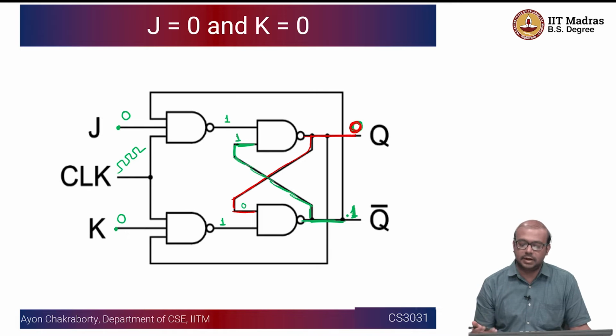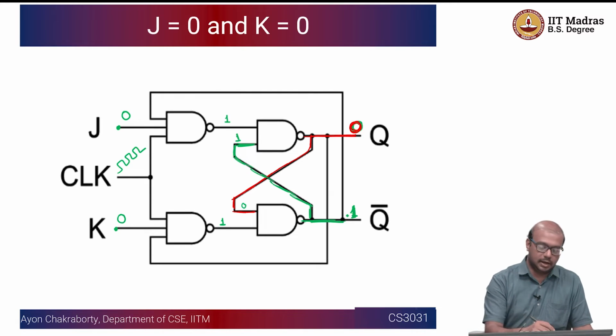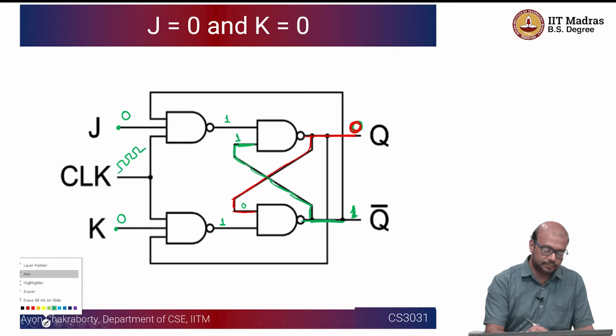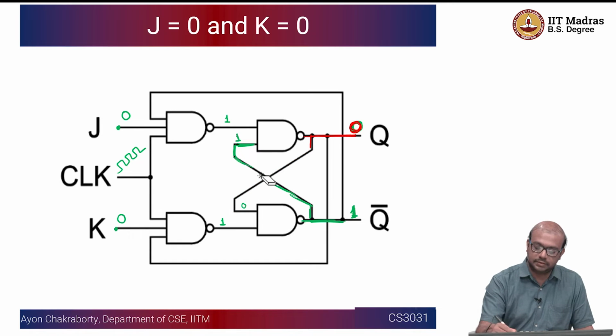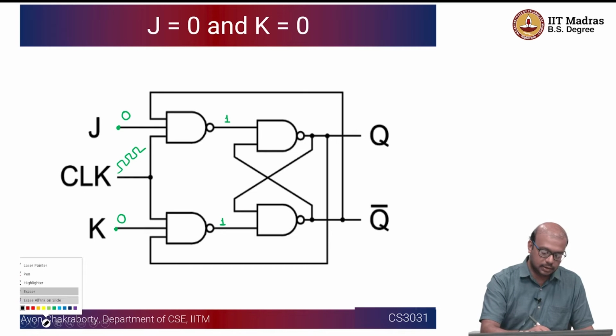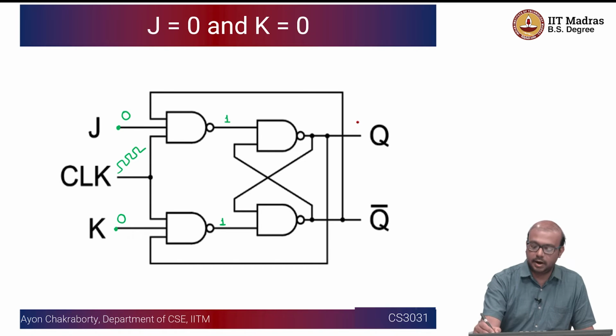Even if you try out the other way around, for example, I will swap these values. With J equal to 0 and K equal to 0, but Q now is going to be, instead of 0, we can put it at 1. If we put this at 1, this is going to be 0. So you can apply the same logic.